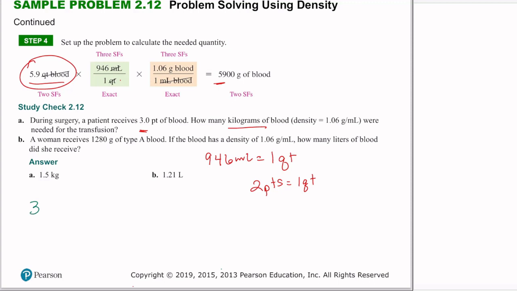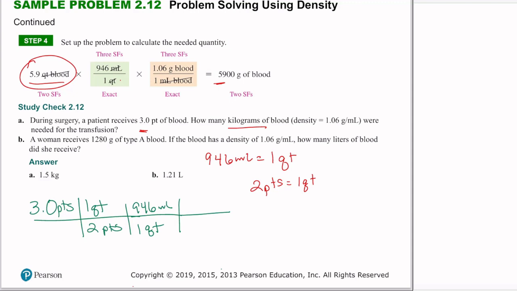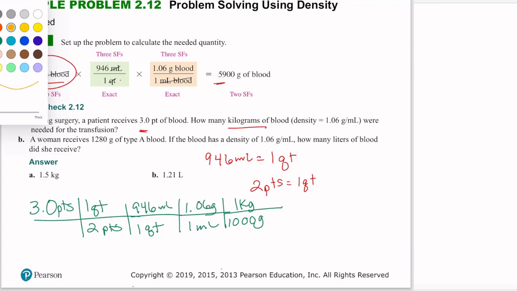We're starting with 3 pints of blood. There are 2 pints in 1 quart. There are 946 milliliters per quart. We have a density of 1.06 grams per 1 milliliter. There are 1,000 grams in 1 kilogram. And we were asked to give our final answer in kilograms.